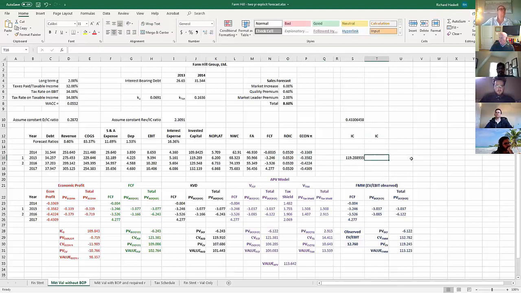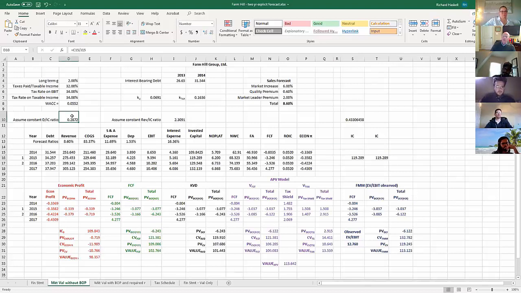Another column for invested capital, which is going to simply equal my net working capital plus my fixed assets. And it gives me the exact same number because they're both credible methodologies in a constant returns world. Well, I've done that, and I've been able to forecast my invested capital. I could have done it a couple of different ways.